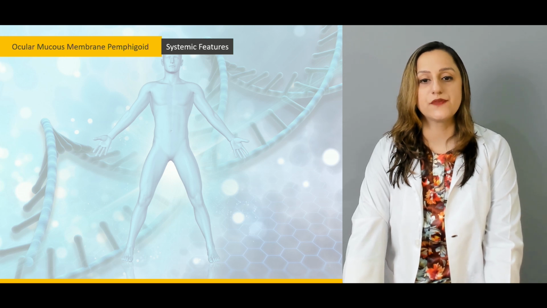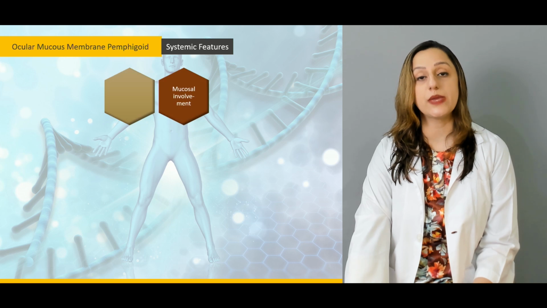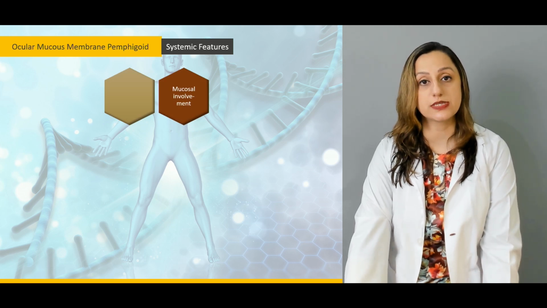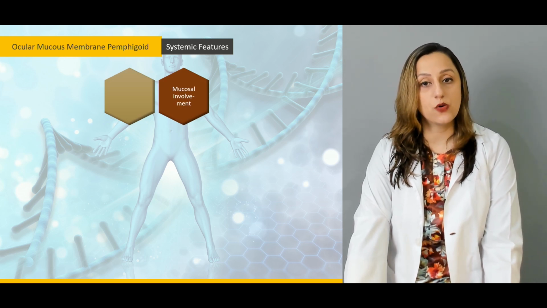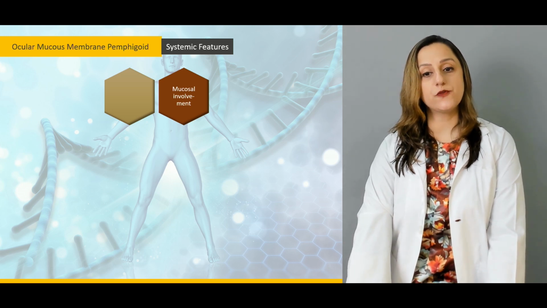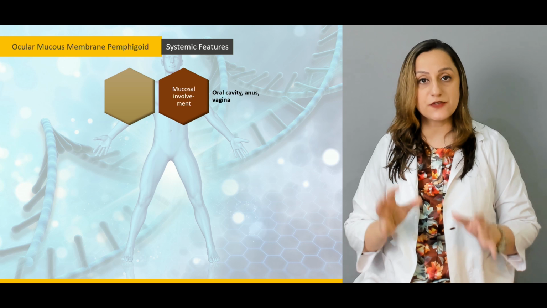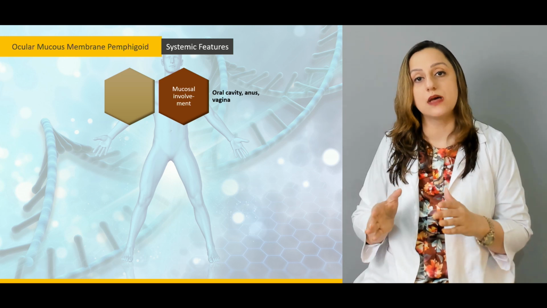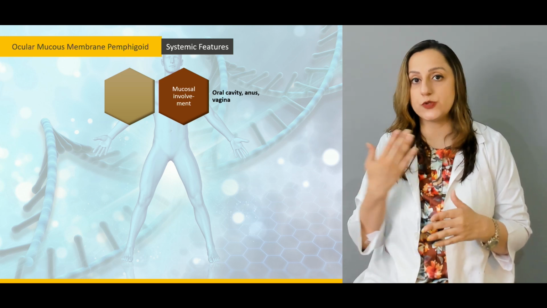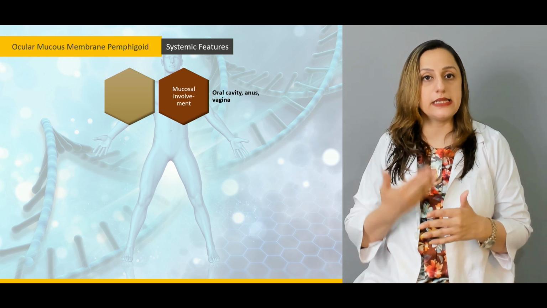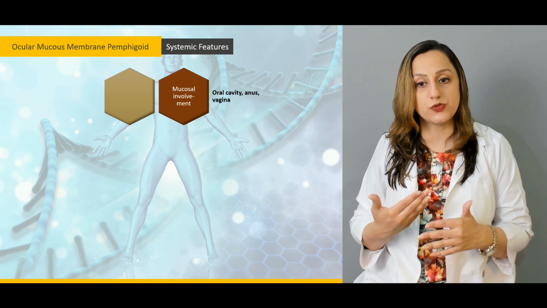Then finally, we have the systemic features. Alongside the ocular features, we have a lot of systemic features that we can look for in the individual. In these patients, we would be looking for mucosal involvement. That is, again, very important. Specifically, which regions of the mucous membrane are involved? We would first of all be examining the oral cavity of the individual.